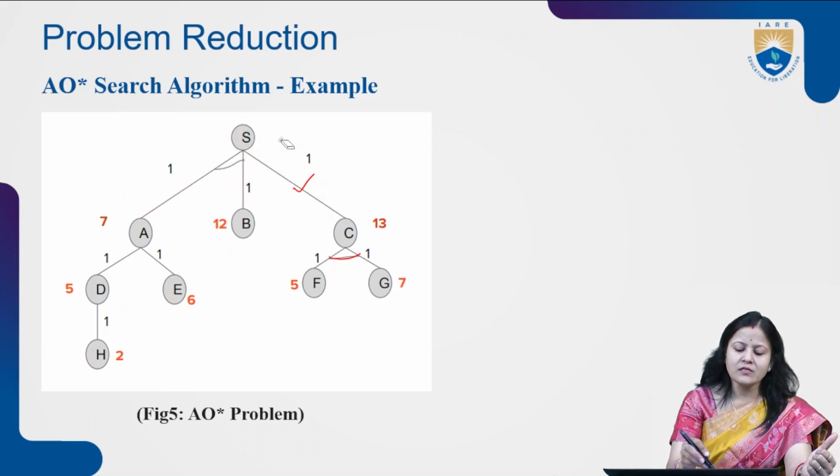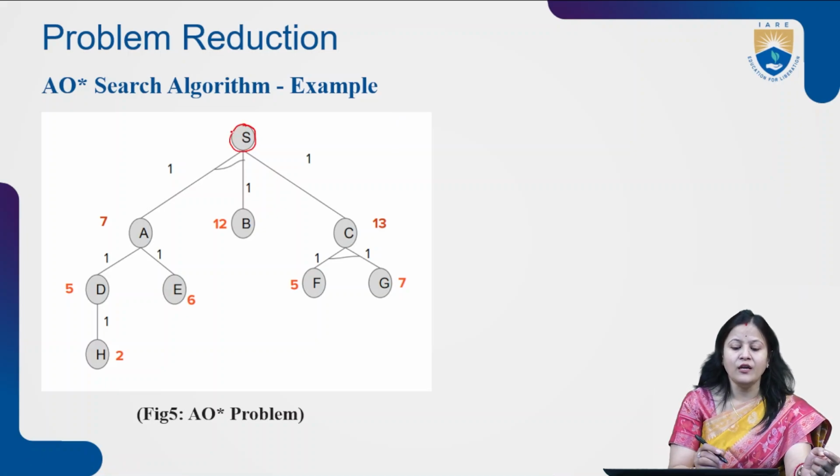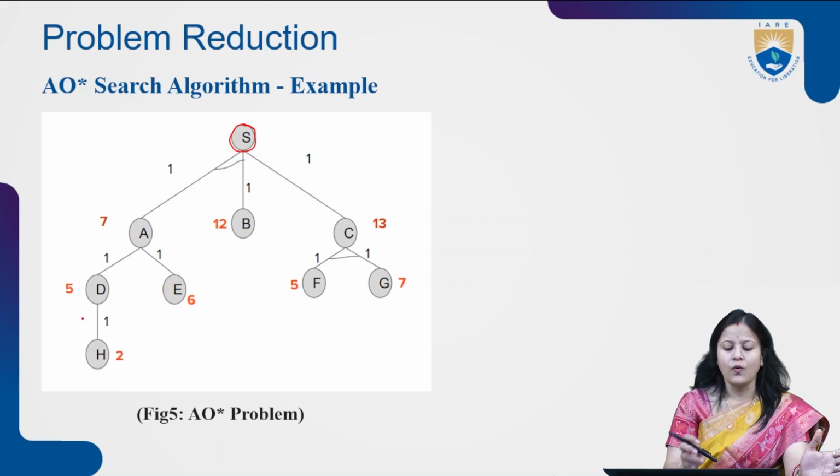Okay, and in this diagram you can see everywhere 1 is written, that is the value of G(N), the cost, meaning the actual cost from the root node to any node. The edge value is given as 1. So S to C, S to B, S to A, A to E, A to D, everything is given as 1.